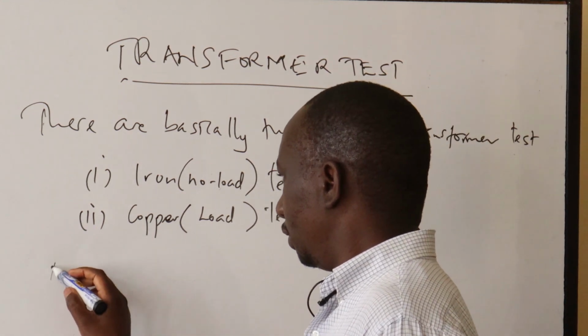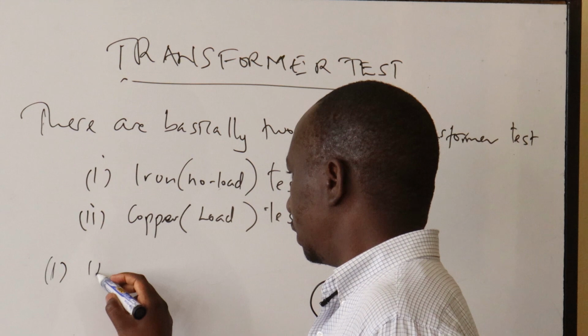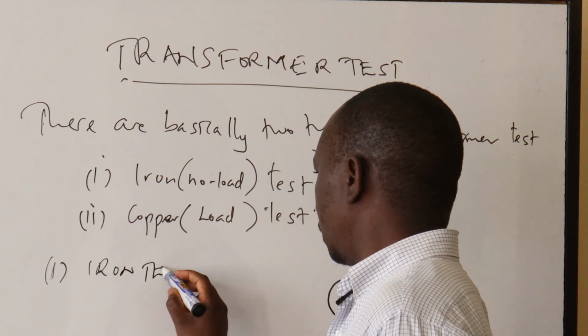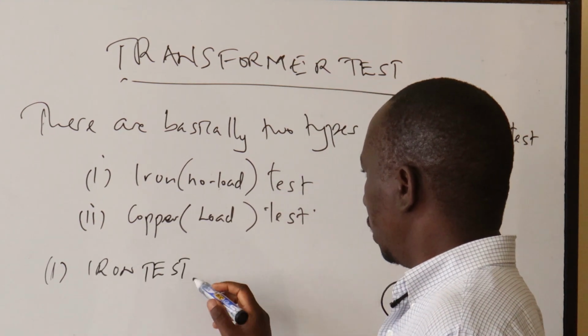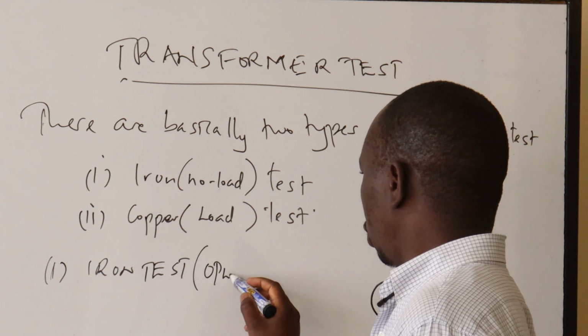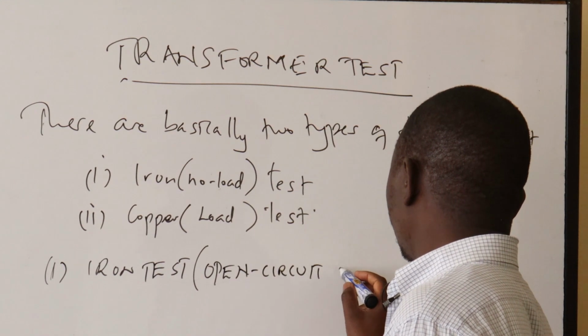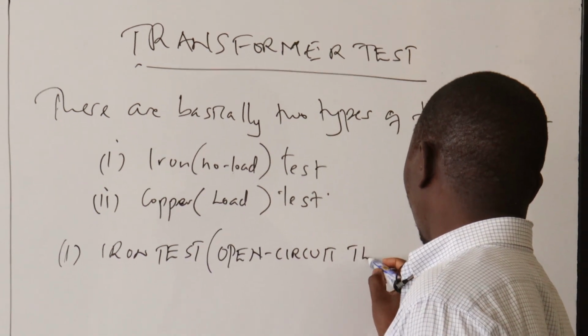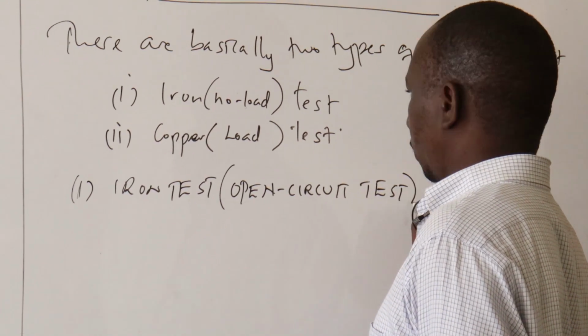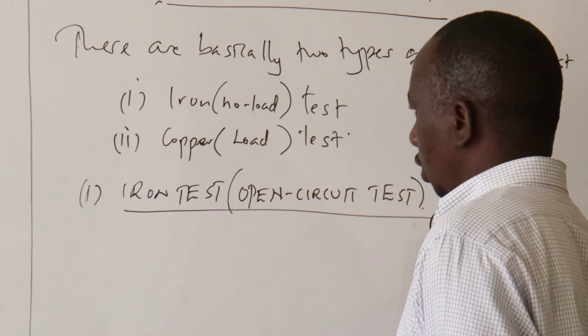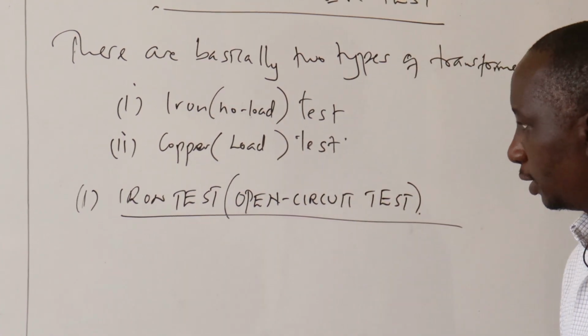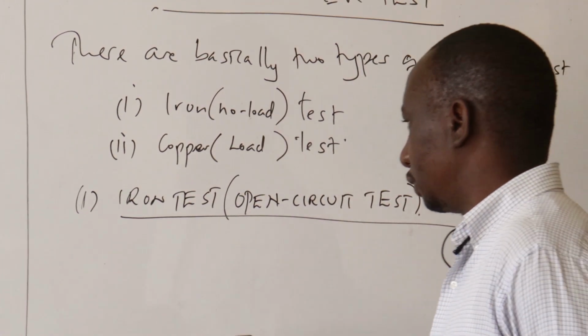We start with the first one, the iron test, also known as the open circuit test. All this we draw using the configuration of a transformer.